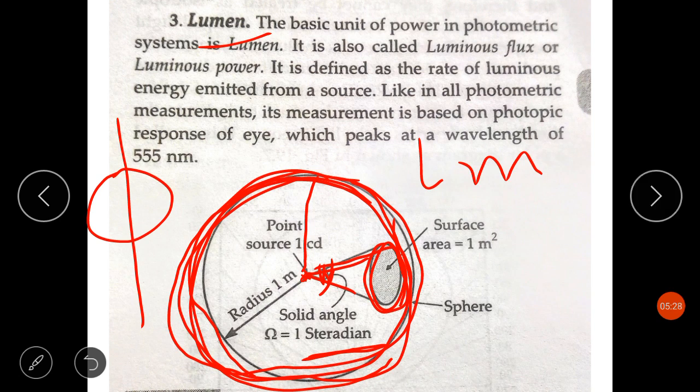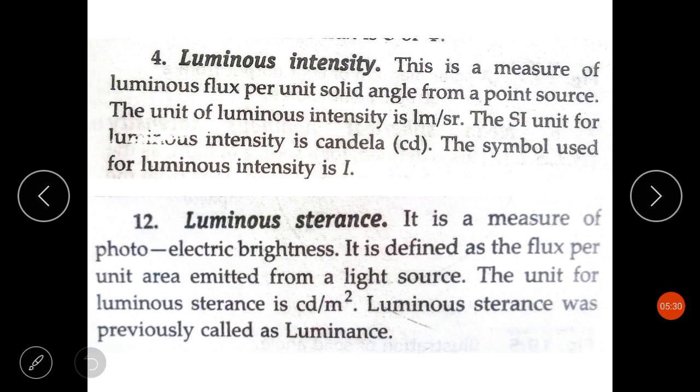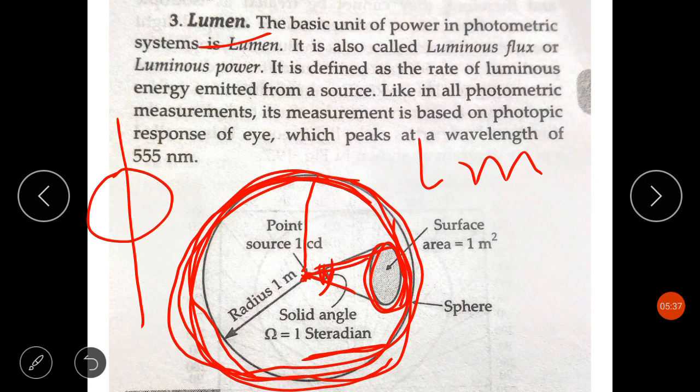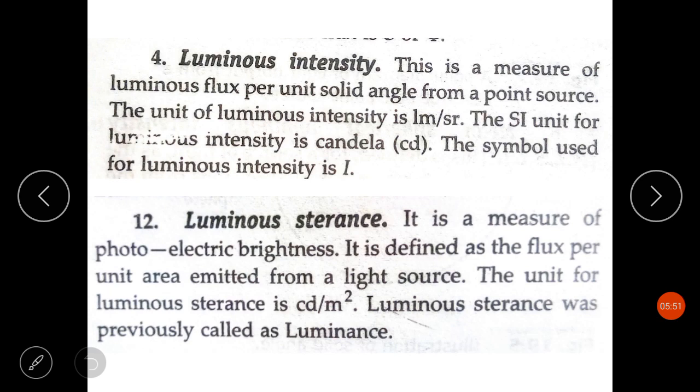Now the next term is luminous intensity. There you will get to know what candela is. As I've told you, lumen is the amount of light passing through one steradian angle. Luminous intensity is the measure of luminous flux per unit solid angle from a point source.